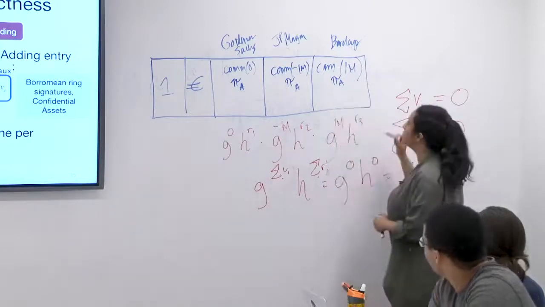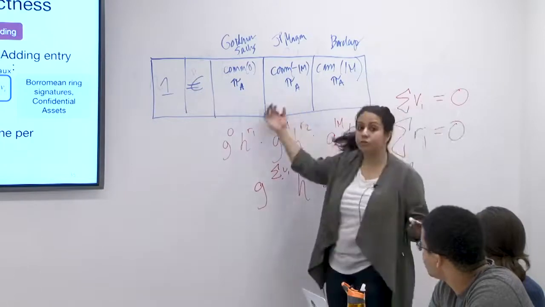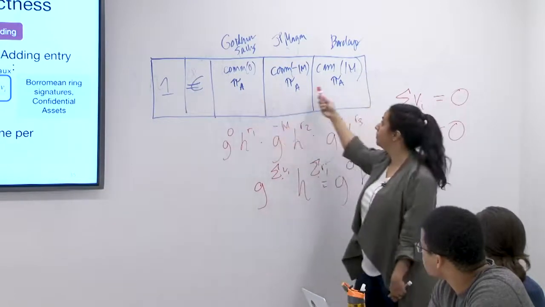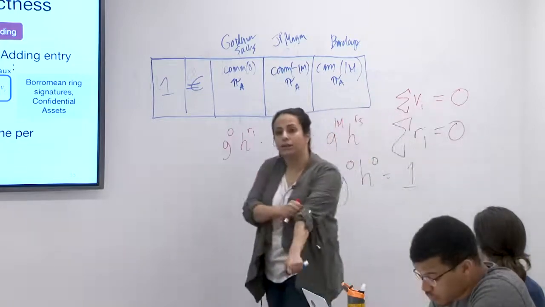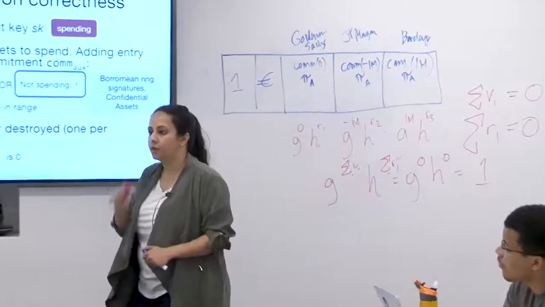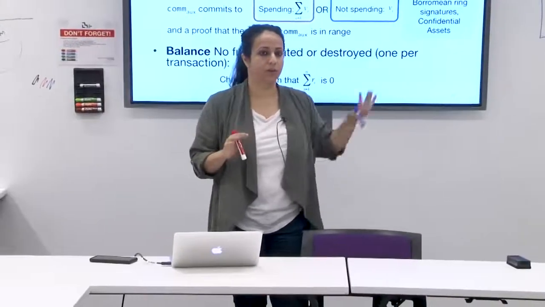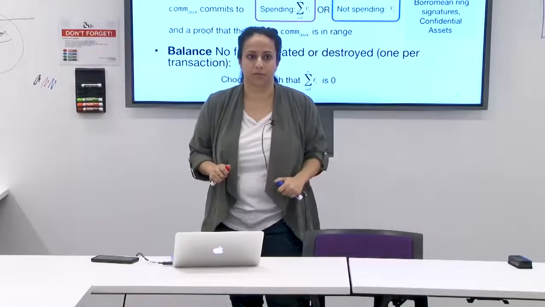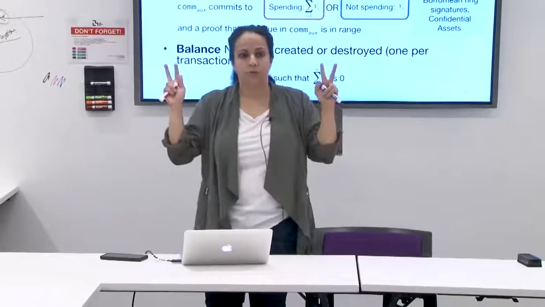So we choose our r's very carefully so that the auditor, or whoever's verifying this, can just multiply all the commitments together and verify that they equal 1. And if it equals 1, it would have been very difficult to choose v's such that you could make this come out to 1 without it actually coming out to 1. So that's the proof of balance.